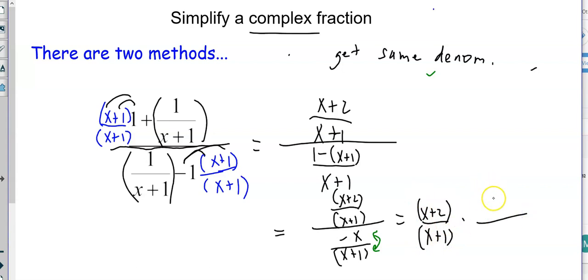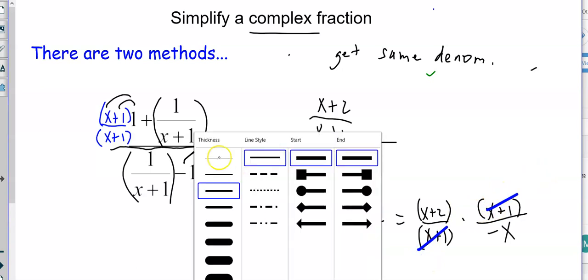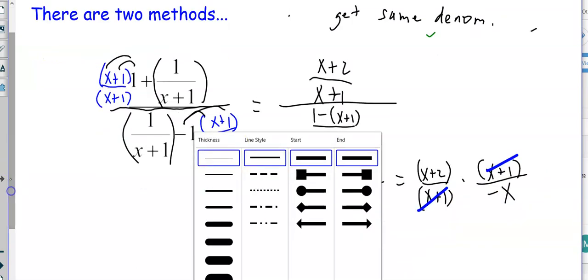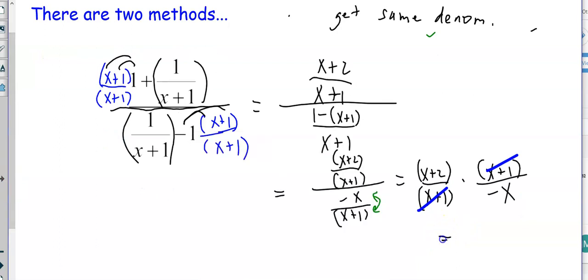The second fraction is going to be flipped, so this would be x plus 1 over negative x. Nicely, this cancels. And you get the final answer of x plus 2 over negative x. Put the negative in front of the function if you want. Typically, we don't love it in the denominator.